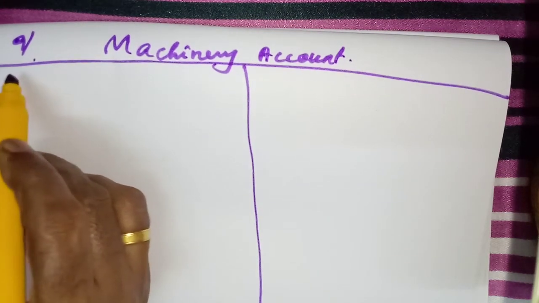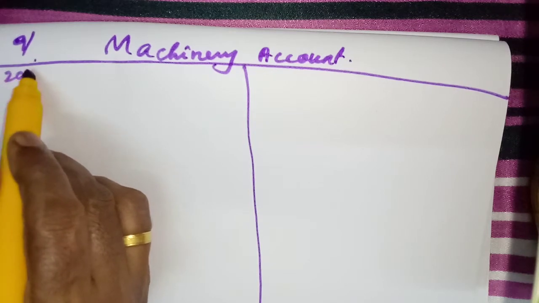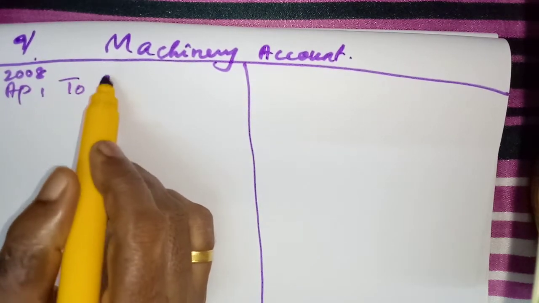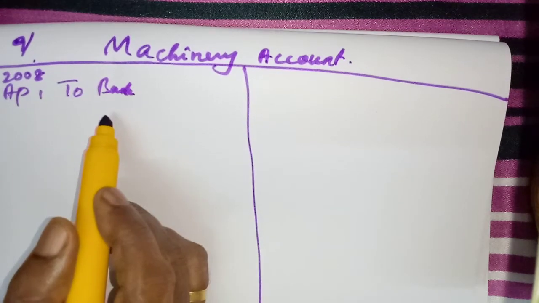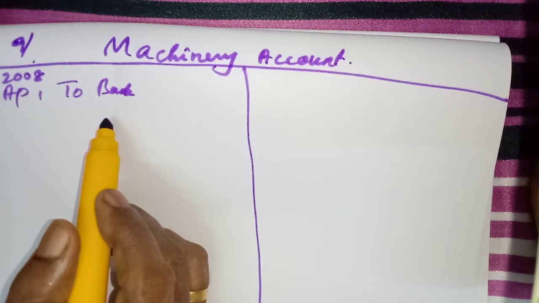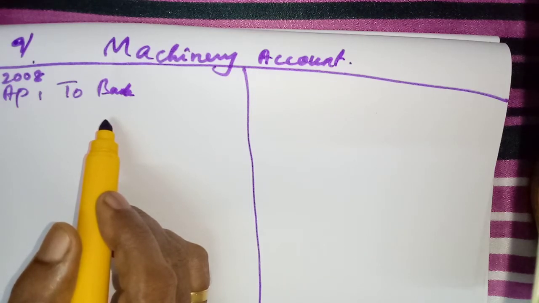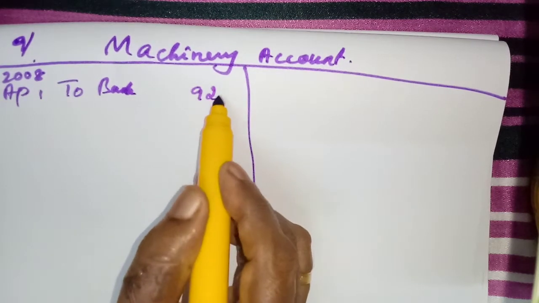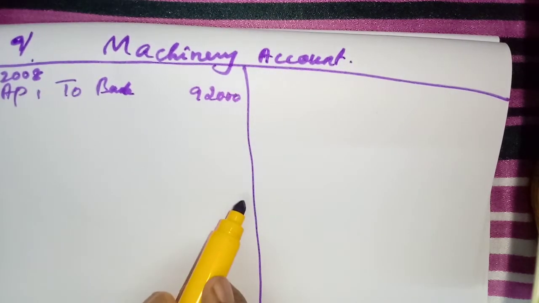So the date we have to write is 2008 April 1, to bank account. How much? 64,000. Installation charges 28. So how much? 92,000, isn't it? 64, 84, okay, 92.